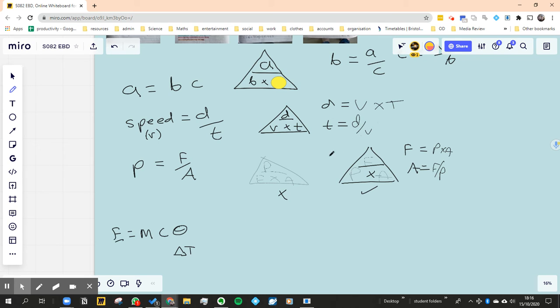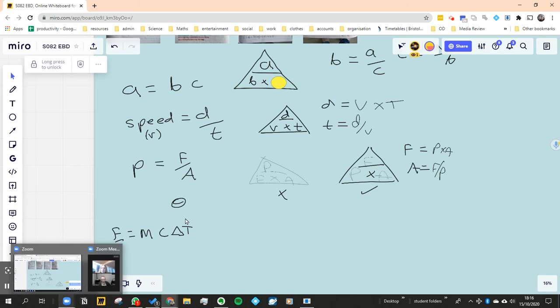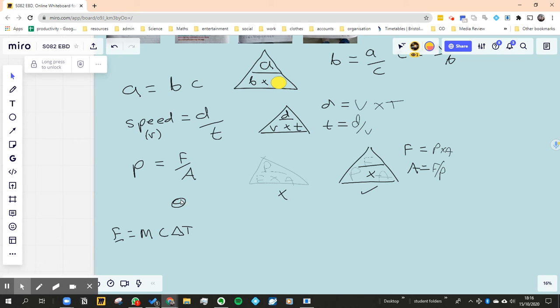I guess the reason they used theta was because some people get confused, and it is quite confusing to have 4 characters up here. But we're going to go through this the standard way, MC delta T, and delta T is 1 variable.